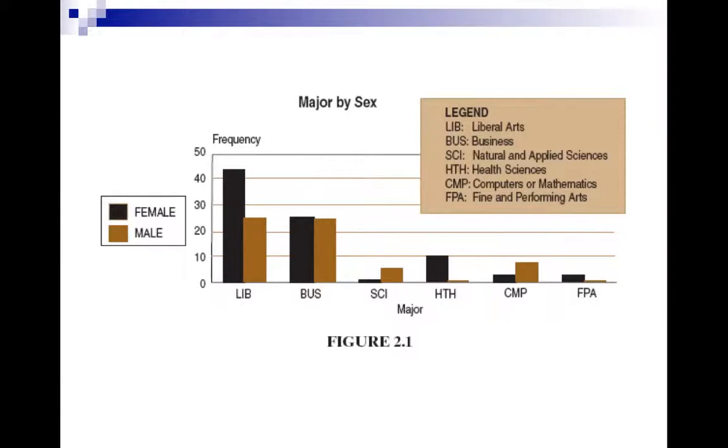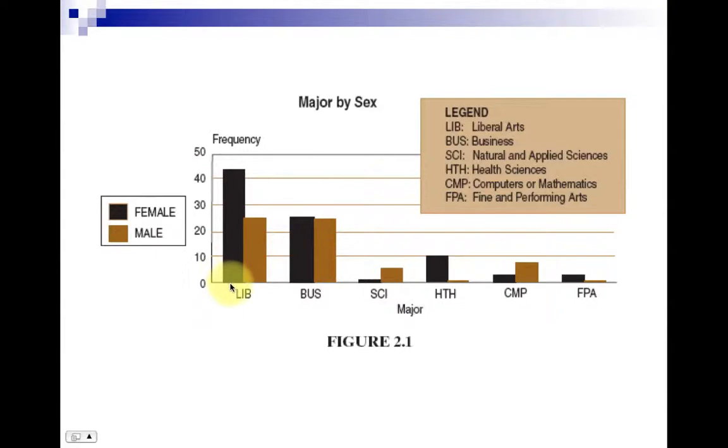However, if we take that data and we organize it in something more useful, for example, this bar chart, we have a quick and easy way to come to conclusions about that data without having to analyze it ourselves. So what we're looking at here is a bar chart where female is represented by the darker color and male by the lighter brown color, and frequency would be the number of students.